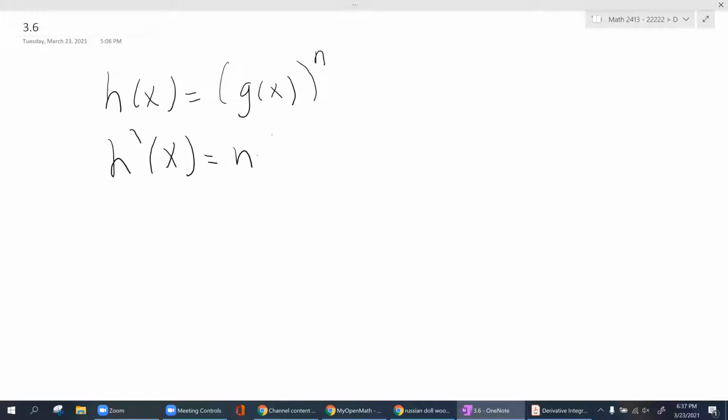You write down exactly what you have on the inside. We know the top is going to be n minus 1. But the new part here is you multiply this times the derivative of the inside. This here is known as the chain rule.